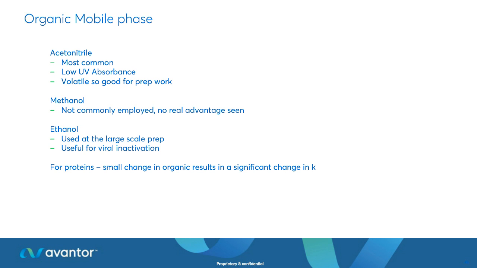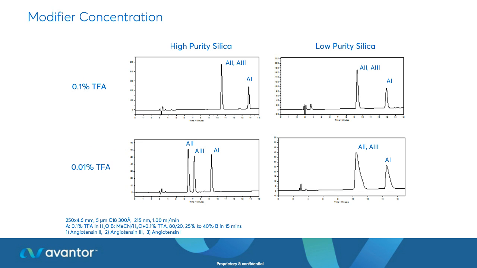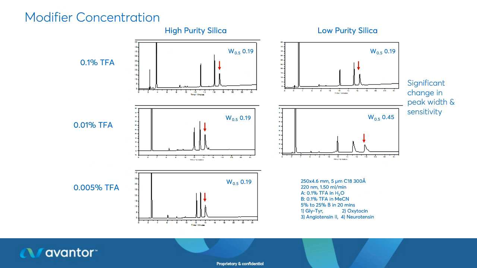In terms of modifier, we use TFA most of the time. If you're using a high purity column, you can use less TFA. If you're using an older generation type low purity column, you can't even get away with 0.1% TFA. So the higher the purity column you're using, the less TFA you can get away with, and that's obviously better for mass spec. And again, you can see here just some other examples with different concentrations of TFA.